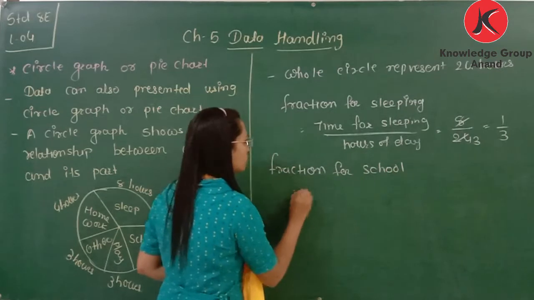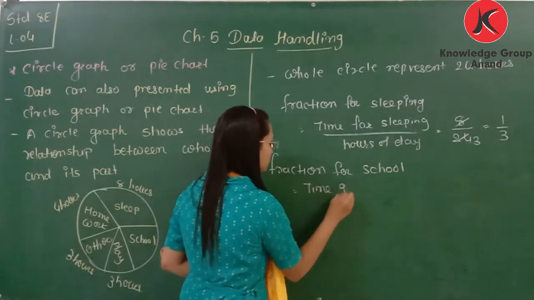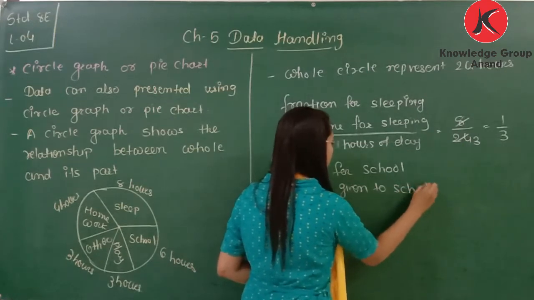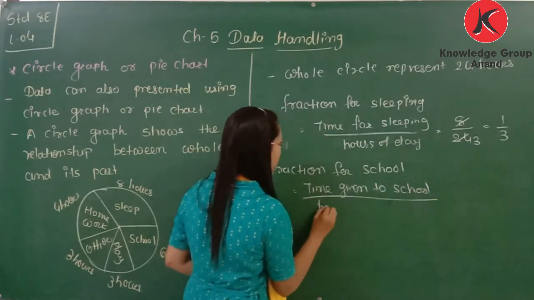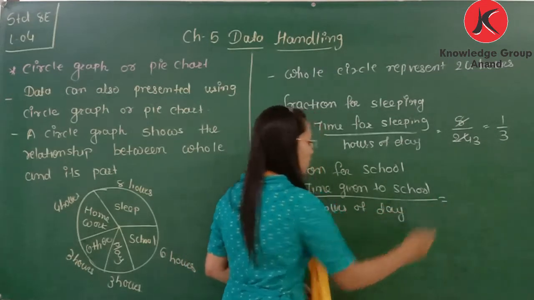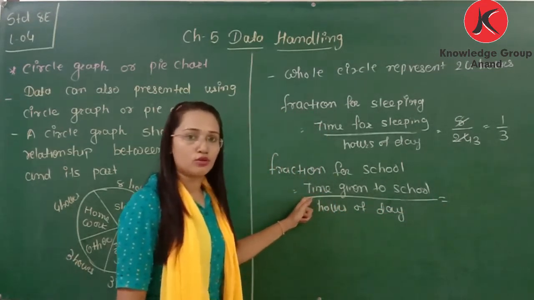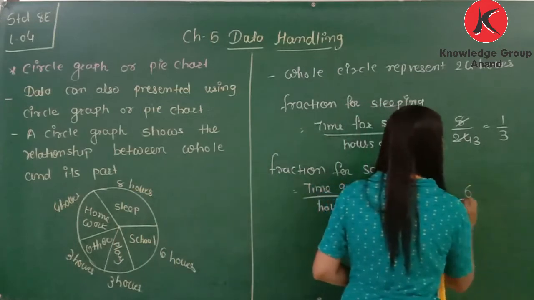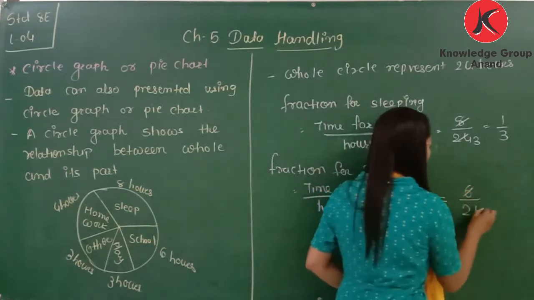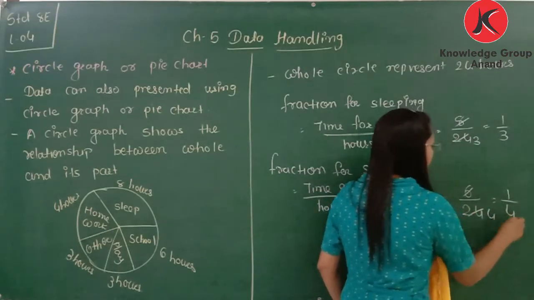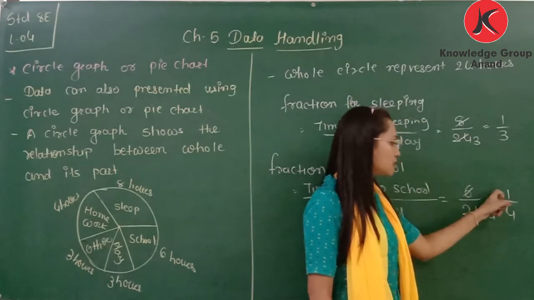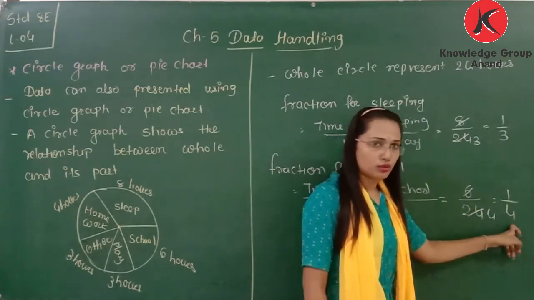Next, the fraction for school: time given to school divided by hours of the day. Time given to school is 6 hours and total hours of the day are 24, so we can write 1 by 4. It means if we divide the whole circle into 4 parts, then one part is given to school. Clear?